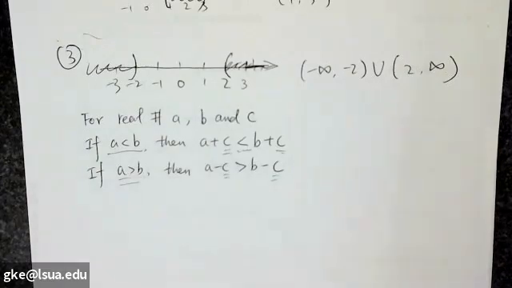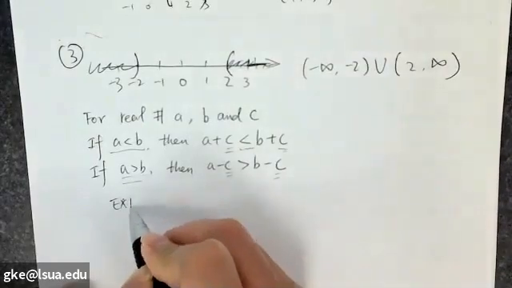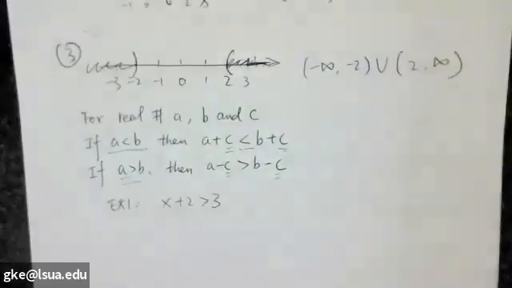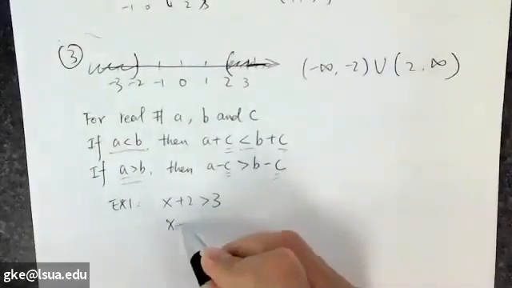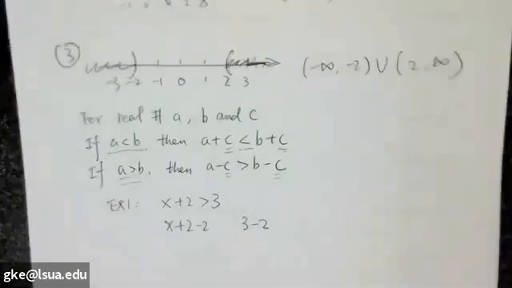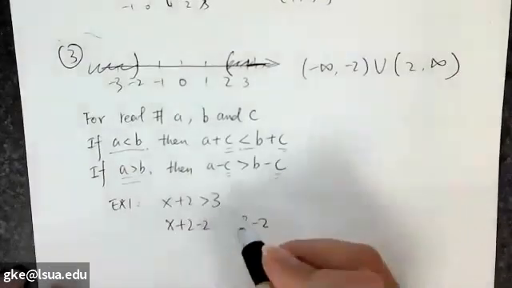So for example, x plus 2 greater than 3, okay? How to solve these inequalities? What we're gonna do is subtract the 2 for both sides. Why? Since we subtract a constant, we don't change the sign.